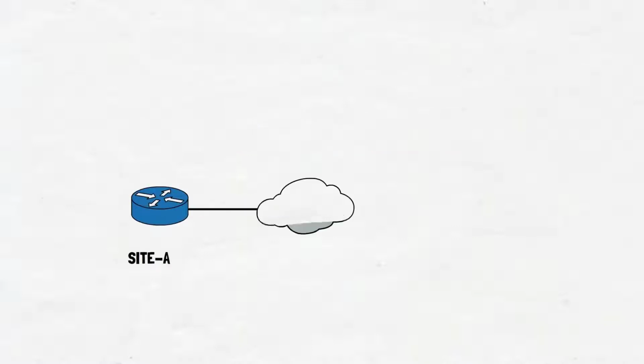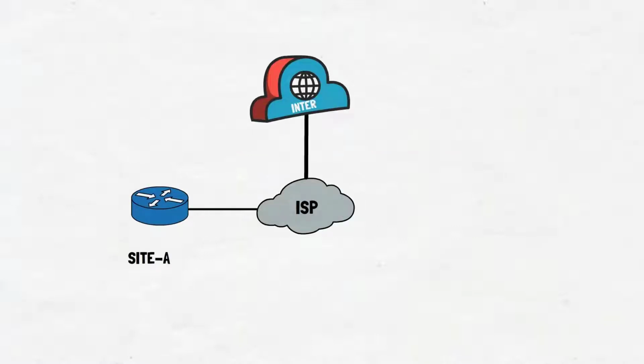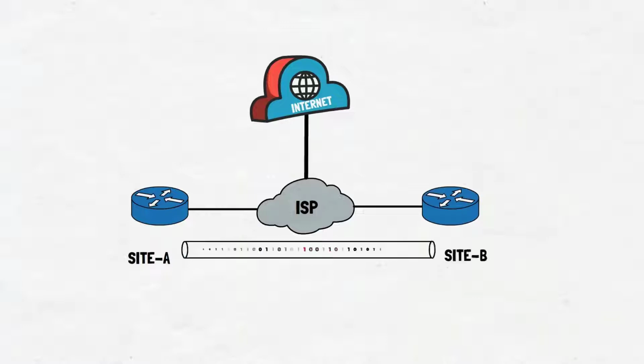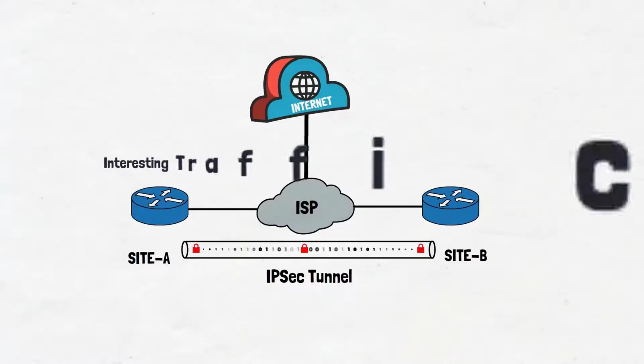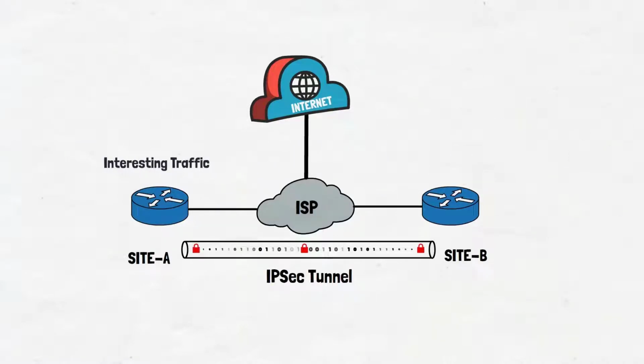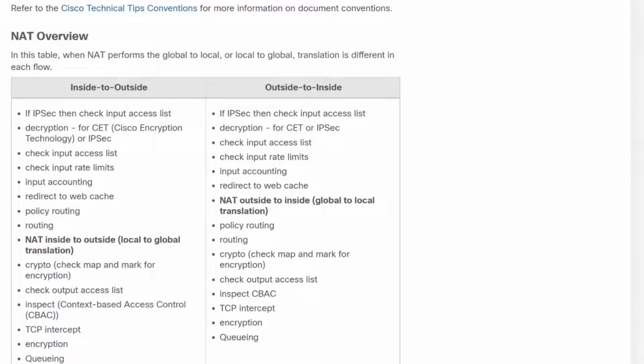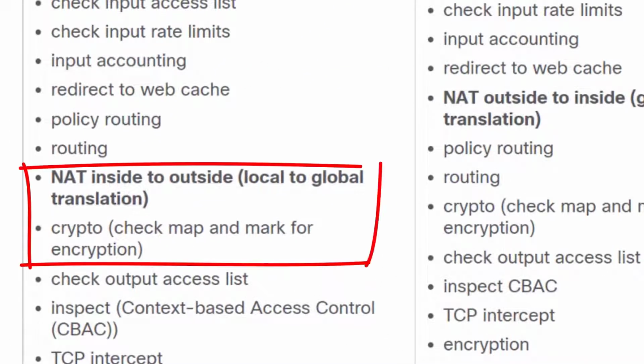Let's take a look at policy-based VPNs as an example. These VPNs are triggered based on interesting traffic, which is defined by IP addresses in an access control list. NAT would certainly pose a problem for them because of the order of operations of NAT in Cisco routers, according to which NAT occurs before the crypto map check.